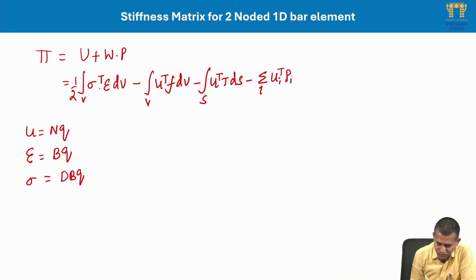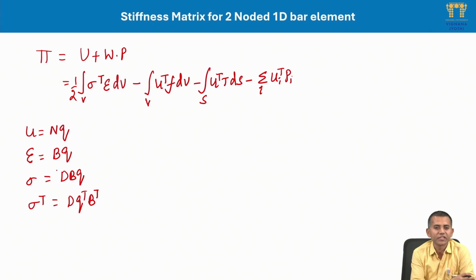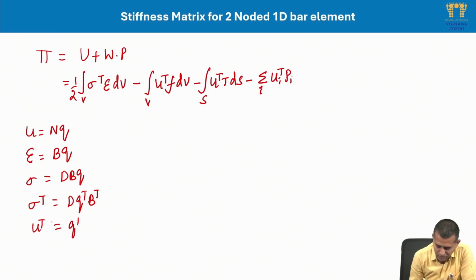So sigma transpose is nothing but D into Q transpose into B transpose, because D is the material property which is constant and doesn't change. And U transpose you can write as Q transpose into N transpose.